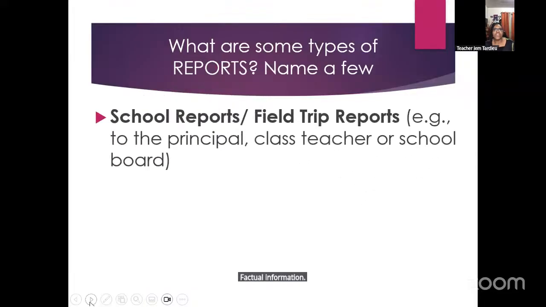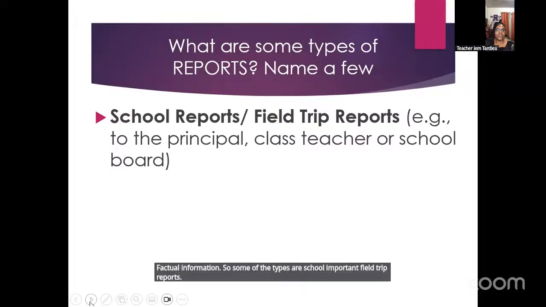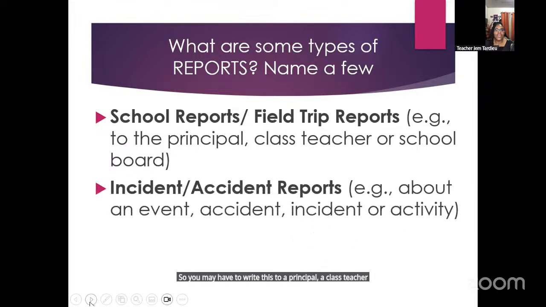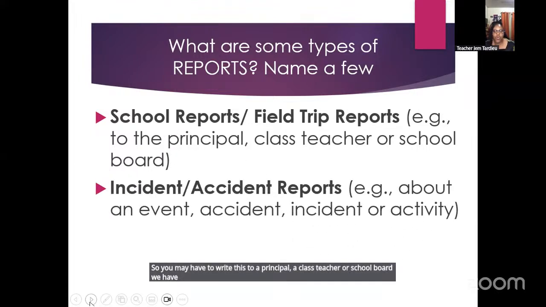Some of the types are school reports and field trip reports, which you may have to write to a principal, a class teacher, or school board. We have incident and accident reports, which are very popular among schools, where you may have to write about an event, accident, incident, or activity that took place.